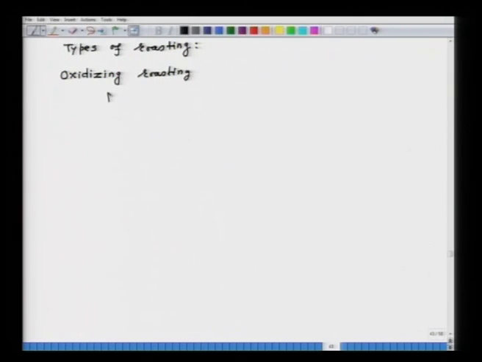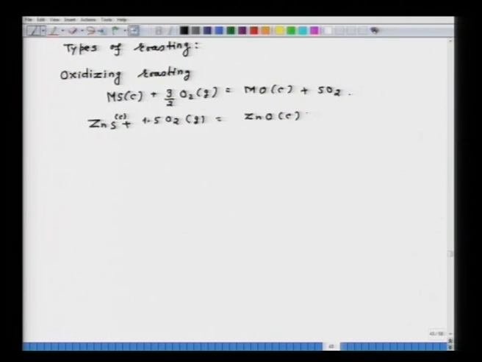In oxidizing roasting, you have sulphide plus 3/2 O2 in gaseous state, that is equal to metal oxide in the condensed phase plus SO2. For example, ZnS plus 1.5 O2 in gaseous state, here this is the condensed state, is equal to ZnO condensed plus SO2, this is gas and this is gas.